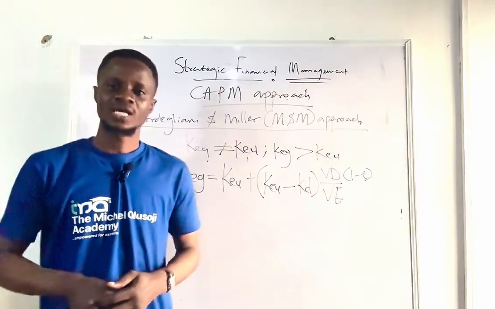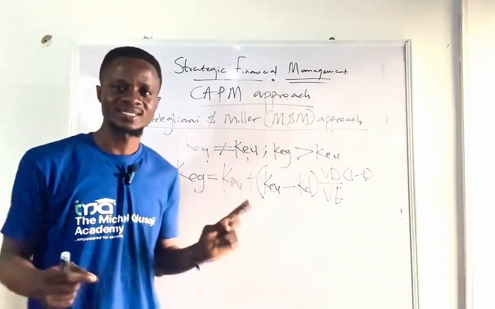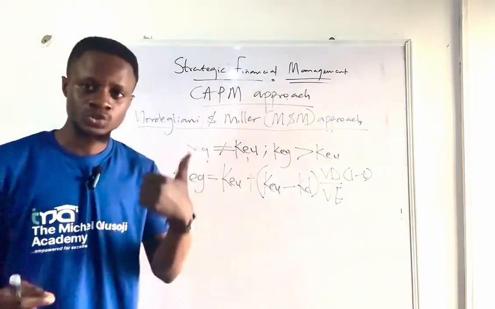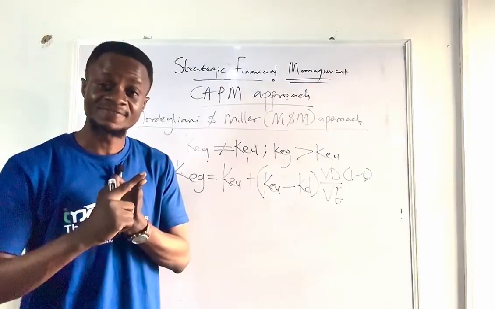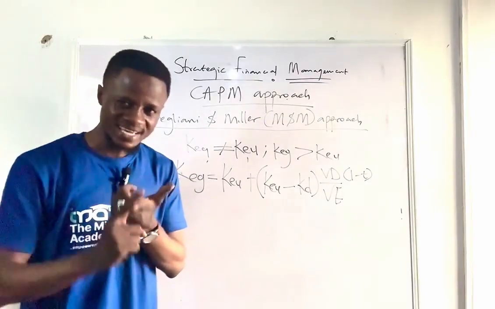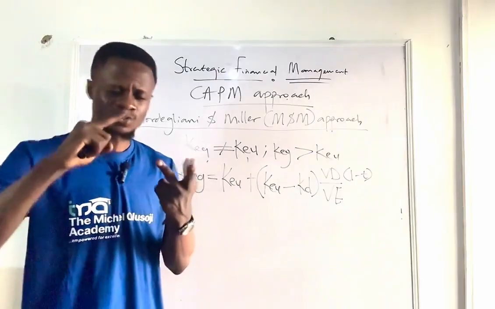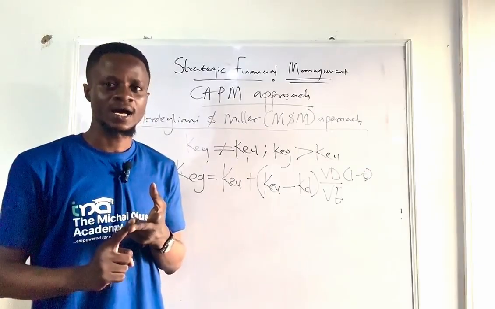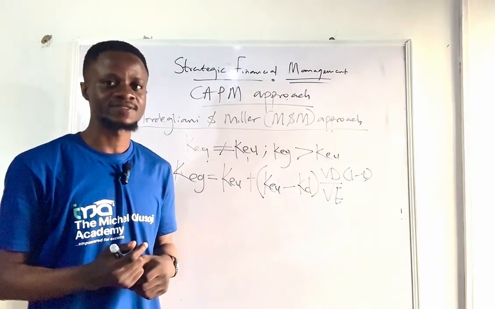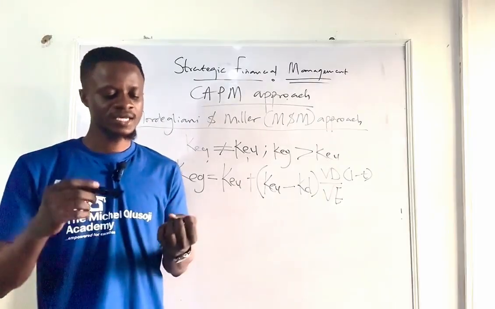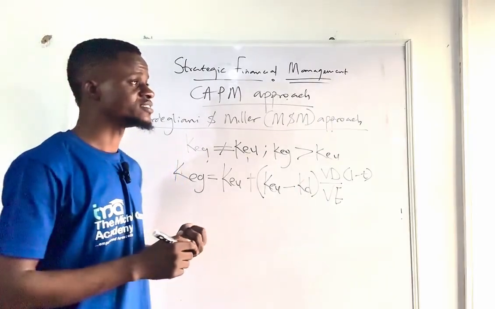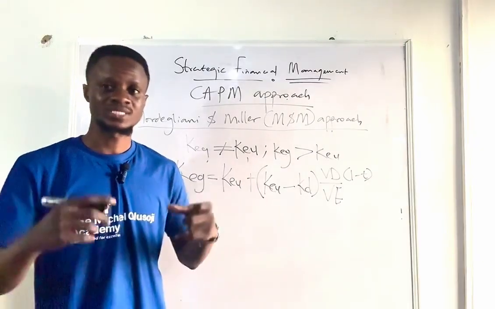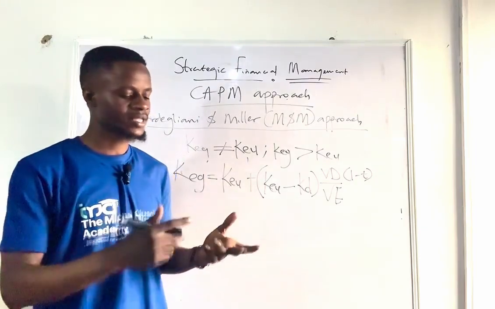And don't forget, there was a way I connected these things to the roles of financial managers. The first is financing decisions. The second is investing decisions. The third is dividend decisions, right? And I gave it an acronym: FID. I said dividend decision relates to the dividend valuation method that considers the amount of dividend paid to determine the cost of equity, right?